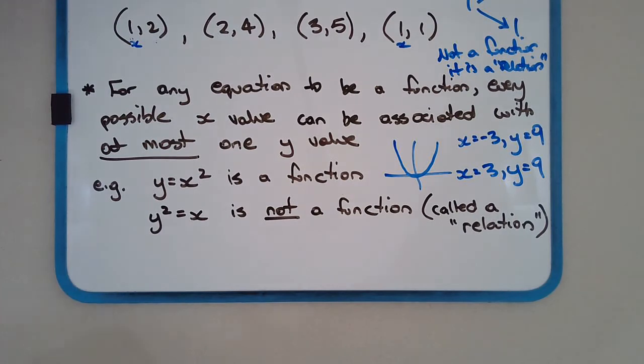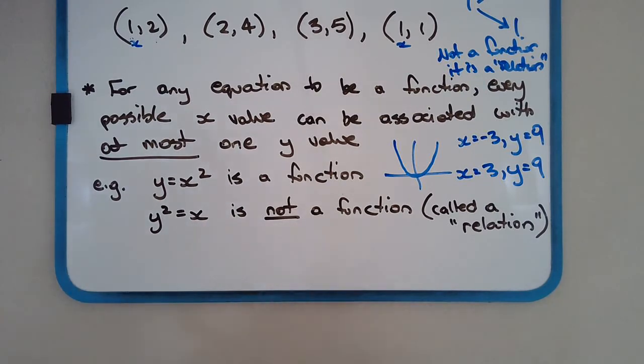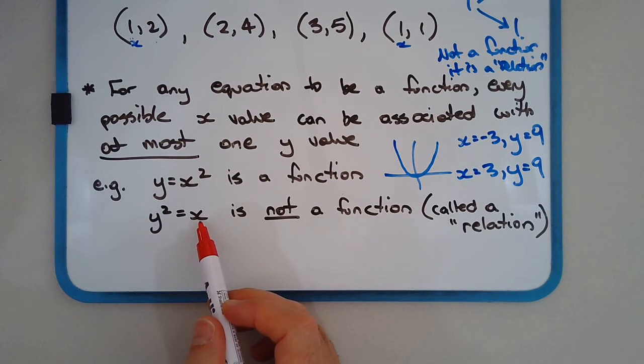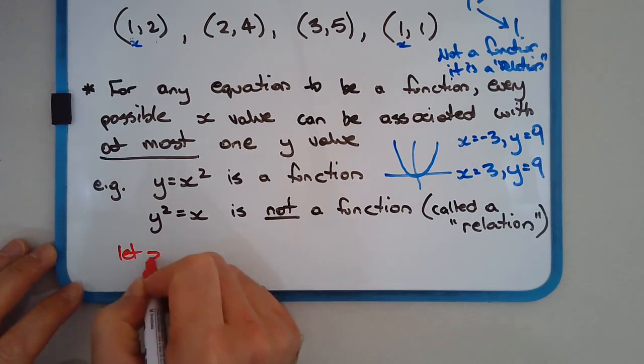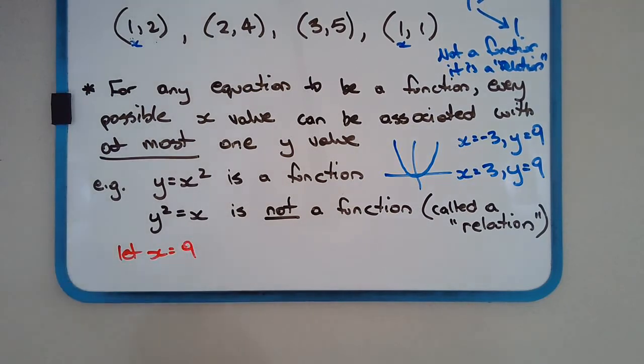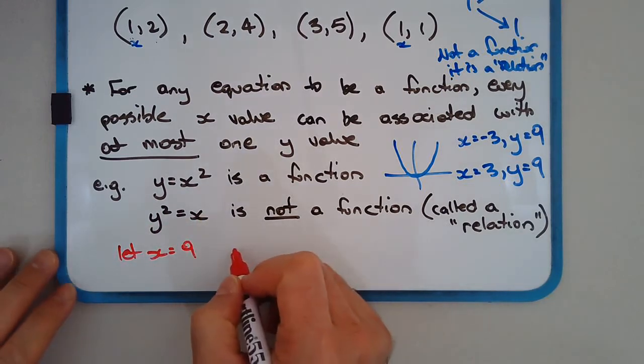All you need is one instance where it breaks the rule, where one x value associates with multiple y values, and the whole thing is no longer a function. So let's say, for example, x equals 9. What values can y take such that y squared equals 9?